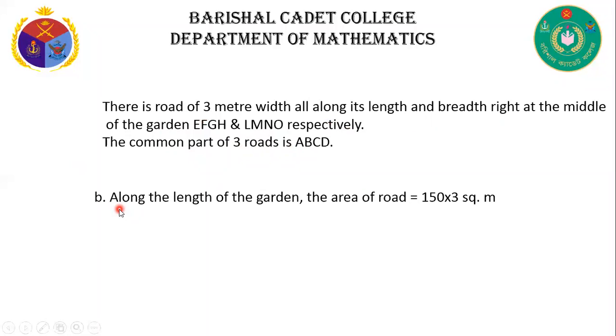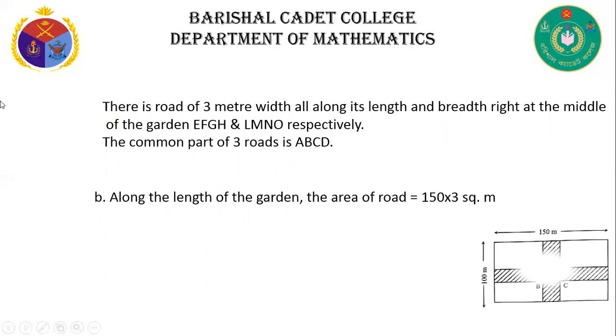Now the answer to question B. Along the length of the garden, that means this portion, the area of the road is length into breadth. Here length 150 and breadth 3. That means 150 into 3 square meter, that means 450 square meter.